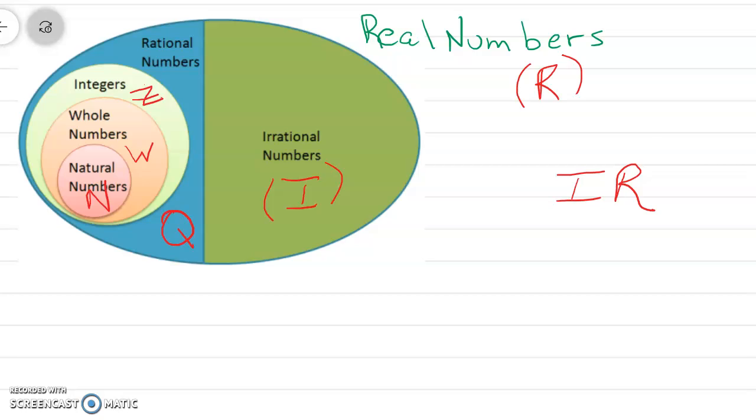So if it's a rational number but not an integer, your answer is going to be QR. If it's an integer, like a negative integer, let's say, your answer is going to be ZQR, right? If it's 0 or a positive integer, an integer is, again, no decimals, right?